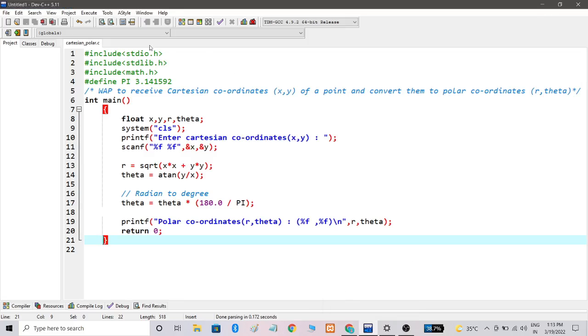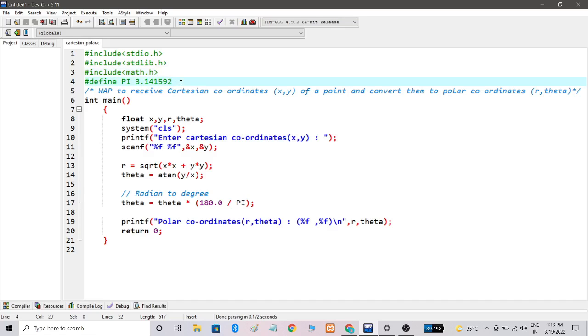So let's read the program. Write a program to receive the Cartesian coordinates of a point and convert them into polar coordinates. We have discussed that x comma y will be the Cartesian coordinates and r comma theta will be the polar coordinates. Now, math.h we have discussed in the previous video; it contains the predefined functions for mathematical operations.